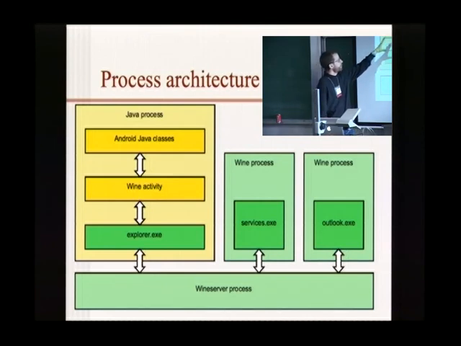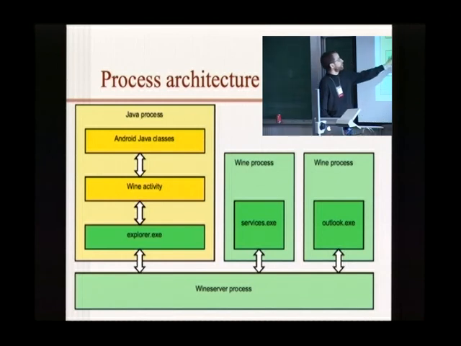The wine activity would load the Windows wine libraries inside the Java process. So in this case, it would be explorer.exe because that's the desktop process. It's the one that's doing all the desktop. Of course, I'm showing Explorer here, but it also loads NTDLL, kernel, user32, and everything.